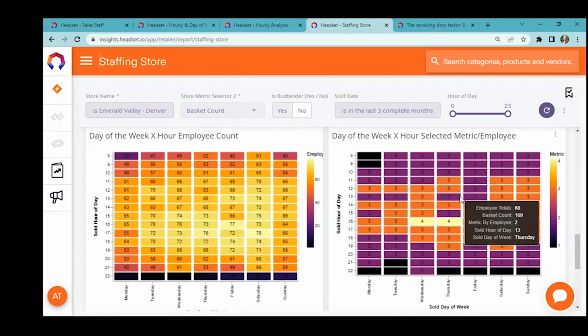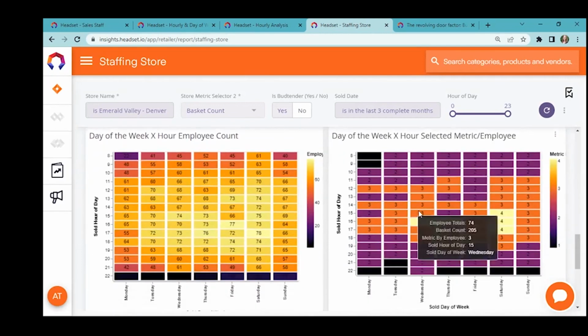Same with this over here, it's going to tell you the metric by employee over the last 3 months. So the basket count for that hour of day, employees total over the last 3 months, and then metric by employee. So 3 baskets on this hour per employee.